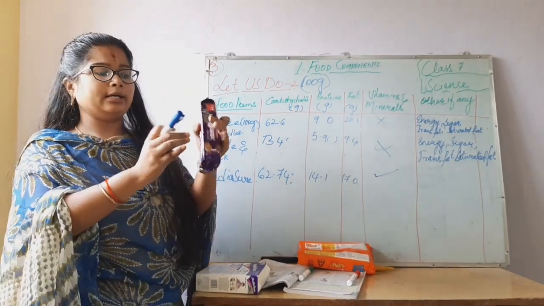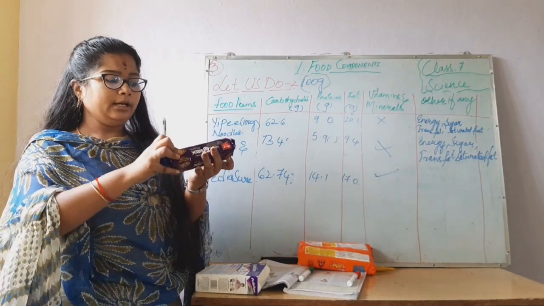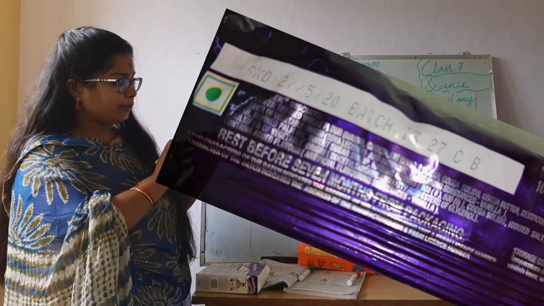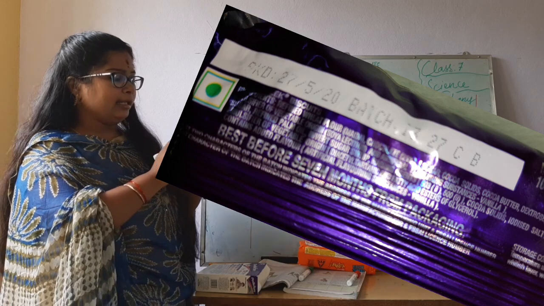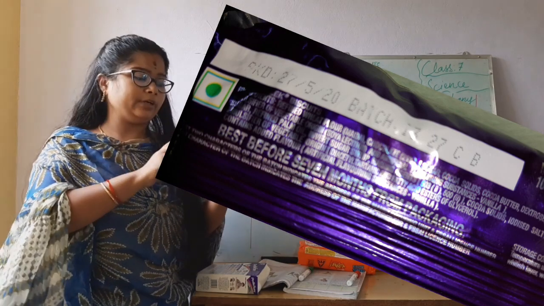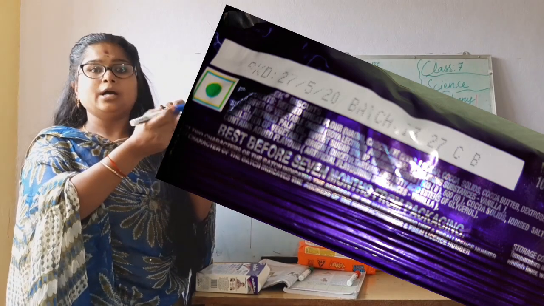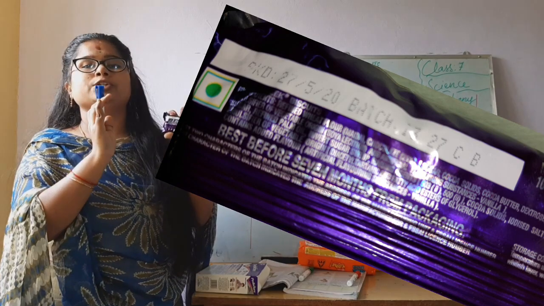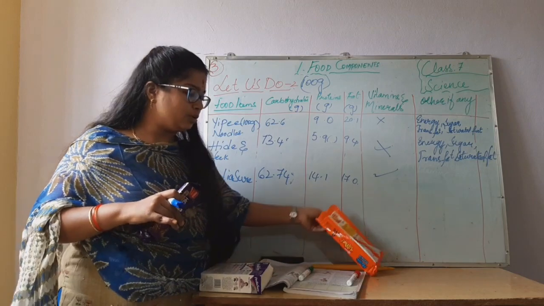And this green color you need to check, and more, you need to check your manufacturing date. See, packed on 27/5/20, best before 7 months from packing. They have given. But in some food items, they give the manufacturing date and expiry date both. Otherwise they give like that, best before 12 months, that you need to check. With these food components, you need to check those also.